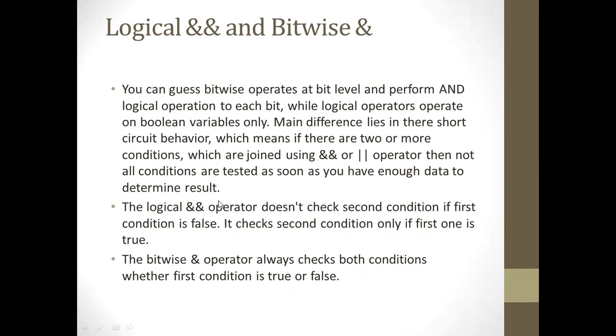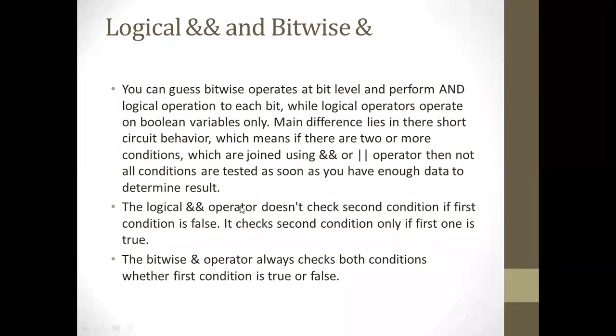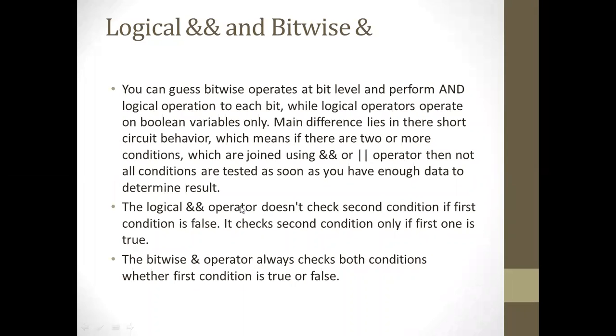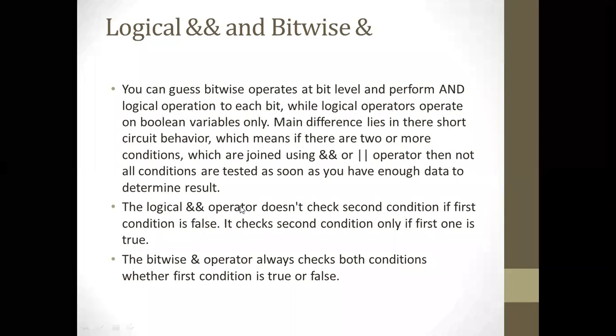This is a small question that may come in your exams, or it could be a brainstorming question: what is the difference between logical and bitwise AND, and which new operator has been introduced in the Java language.